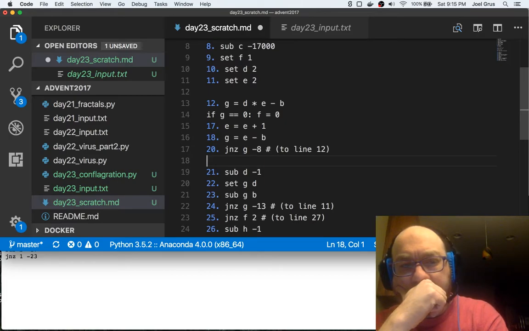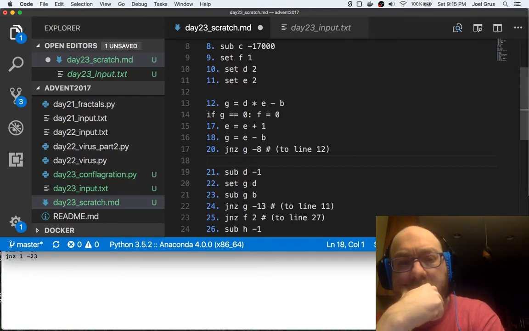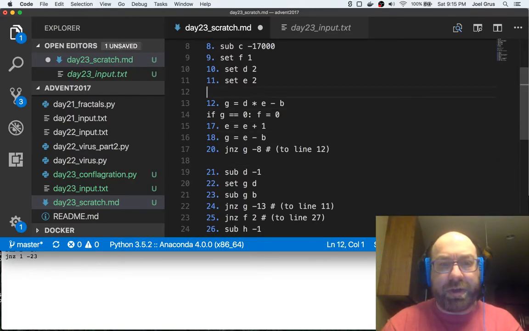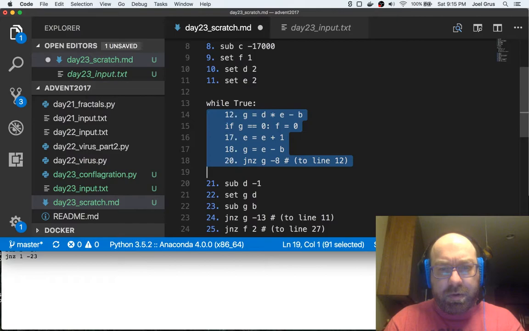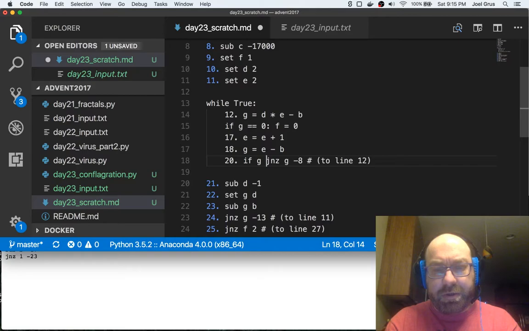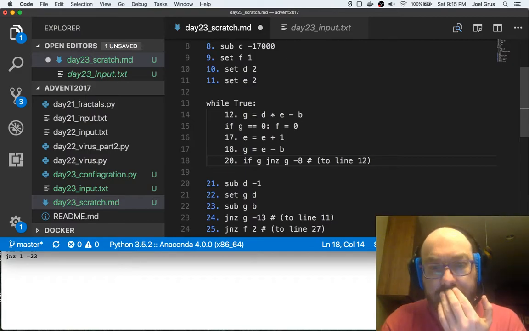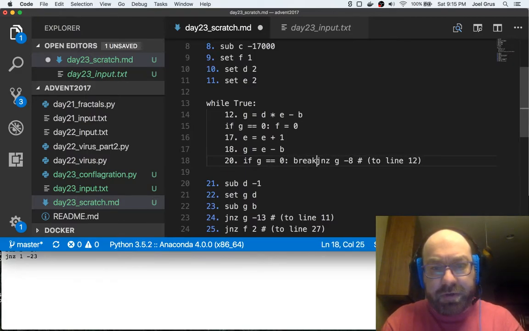So if G is not 0, then we go back here. So this is really while G is not 0, well, let's just say this is while true, and then if G is 0, then break out.